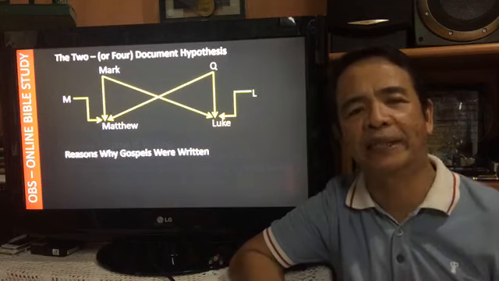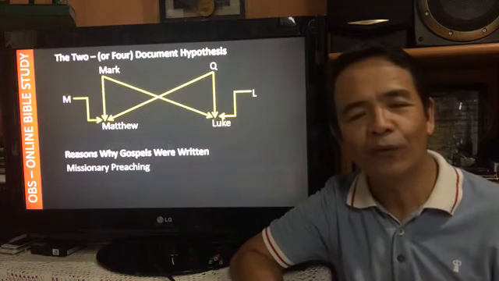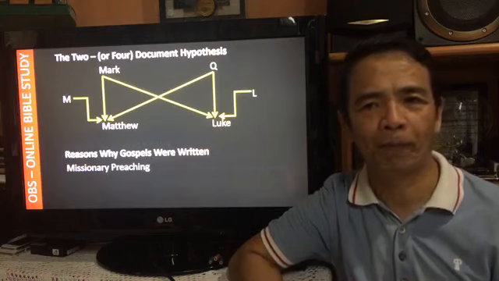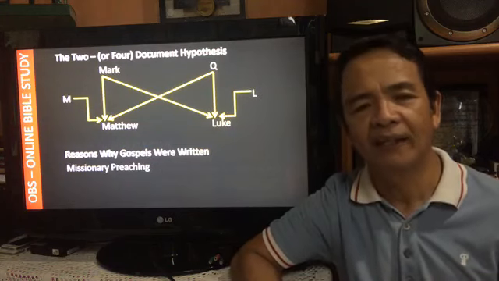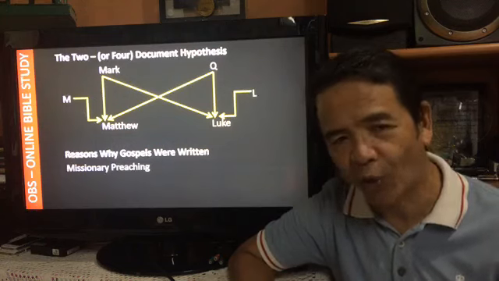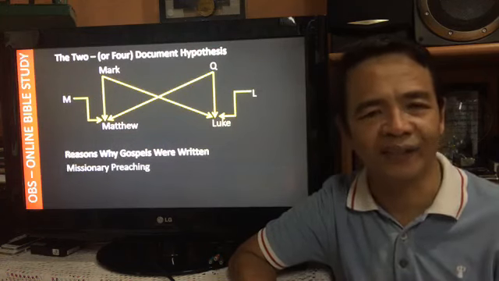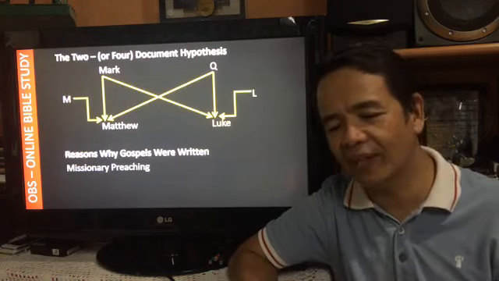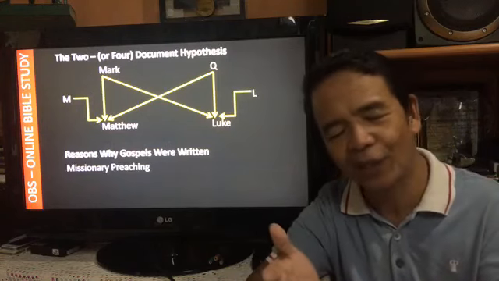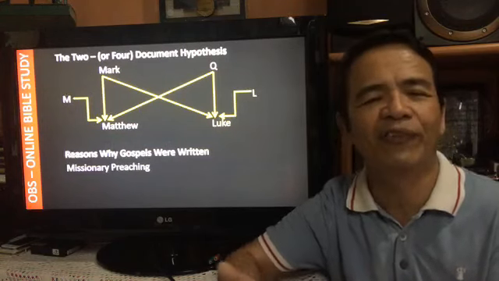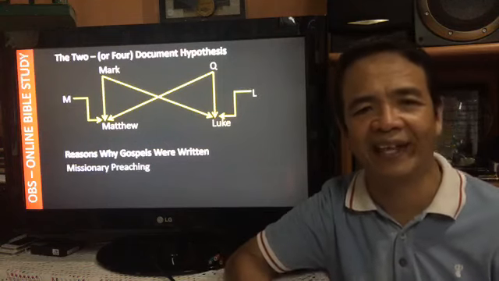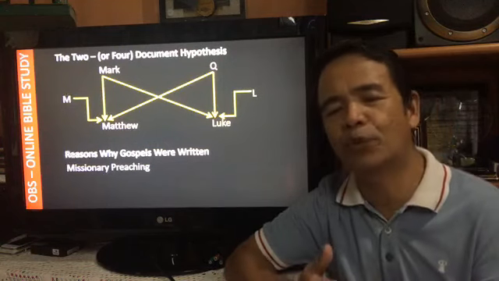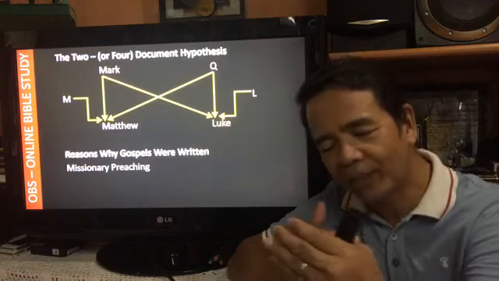why Gospels were written. One, for their missionary preaching. What is your basis? We've known about the oral tradition, but this time they have this concrete, never vary. There will be no other versions aside from what is written. What is written becomes permanent. What is written becomes a standard.